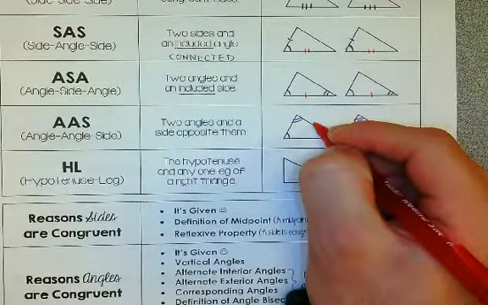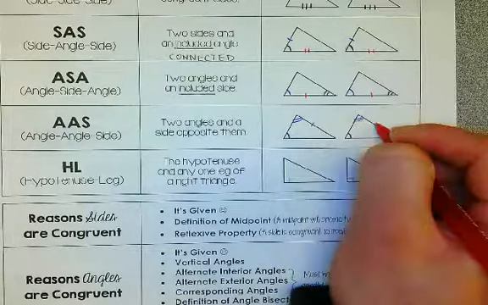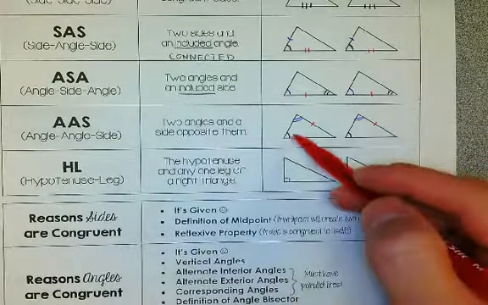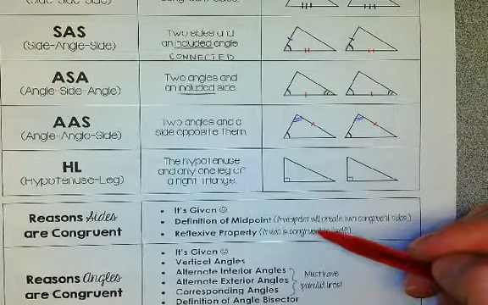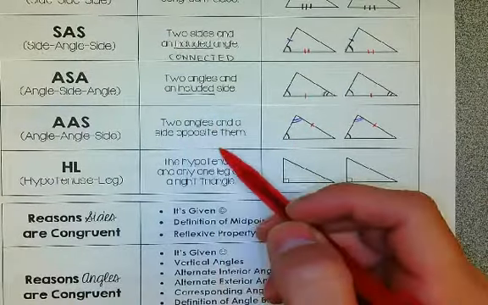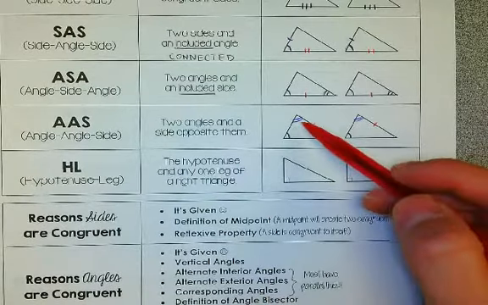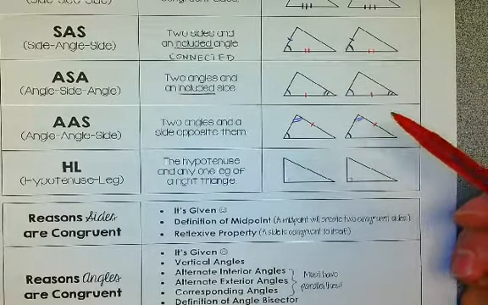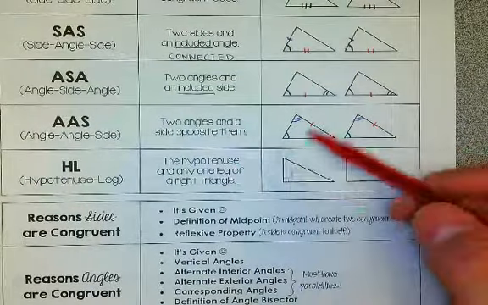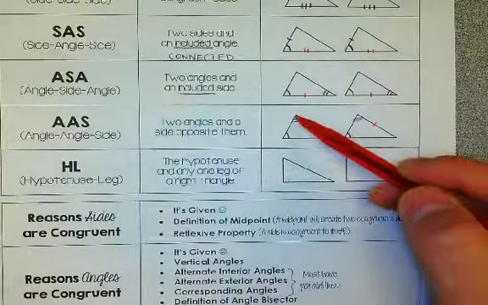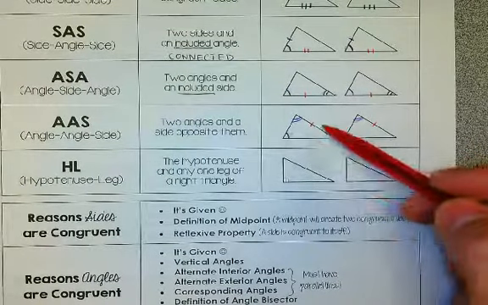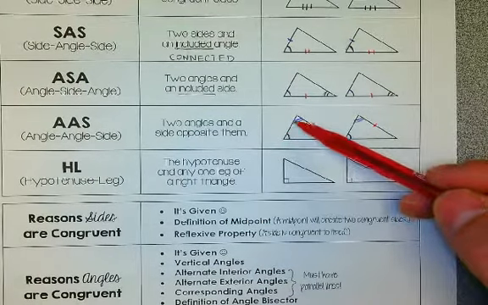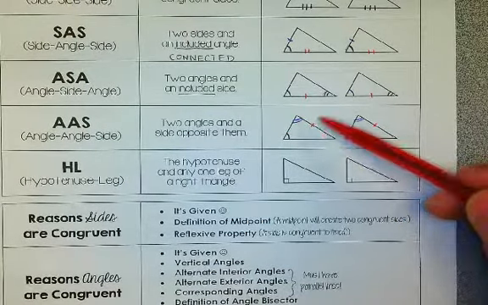Well, the side that's opposite of these blue angles would be over here. What it means by opposite of them is it just wants the side to be opposite of one of the angles. Here I've got the black angle, the blue angle, and then a red side. If I wanted to, I could move this red side down here for both of these, and this would still be angle, angle, side. It would just go angle, angle, side this way. That's what it means when it says opposite.